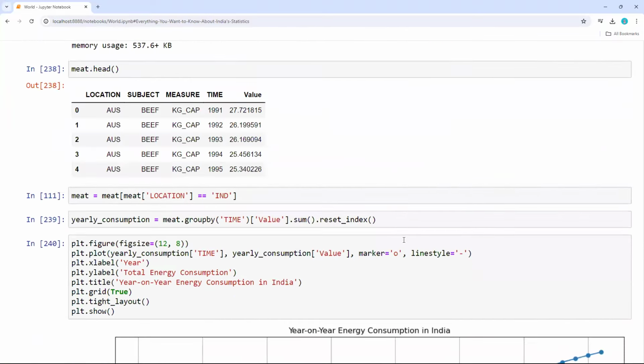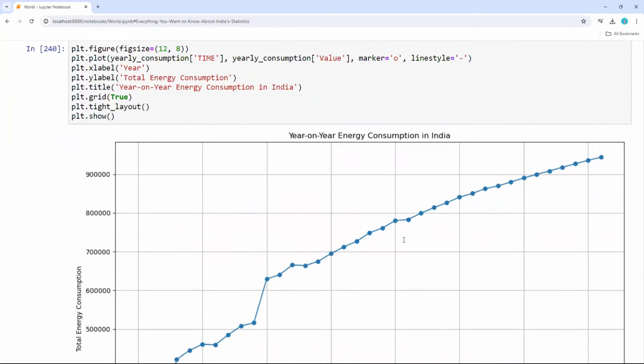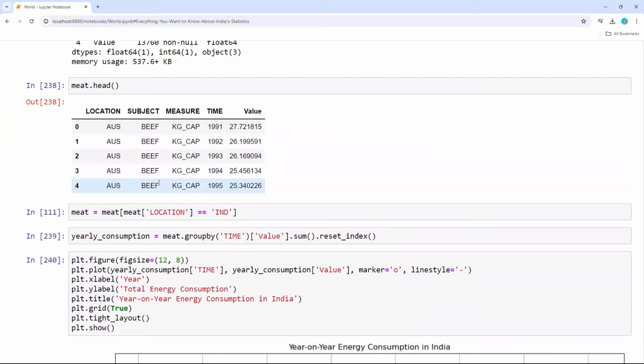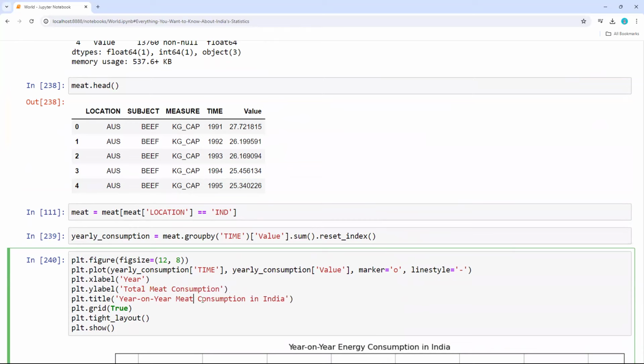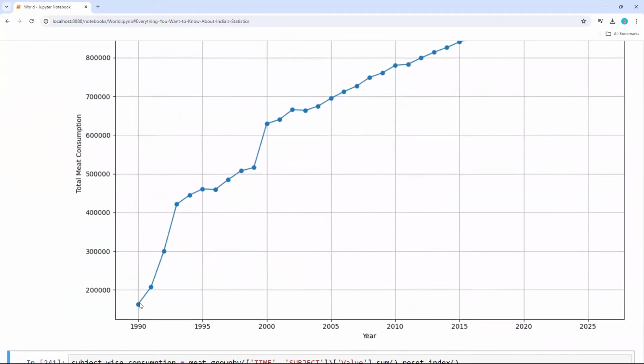If I look at the year-on-year data for meat consumption in India, in 1990 the total meat consumption was very less, and it has been increasing year on year.